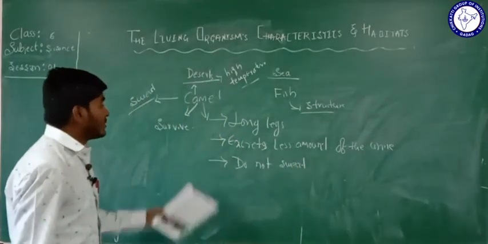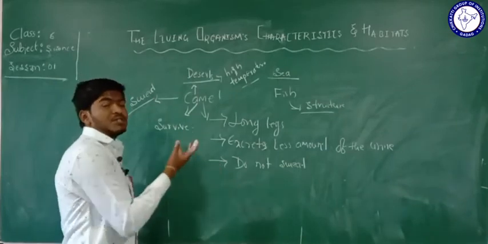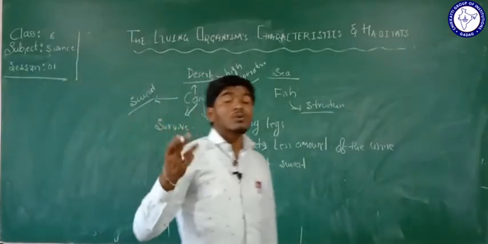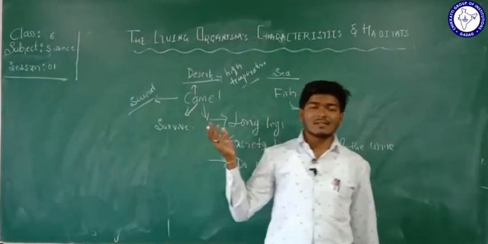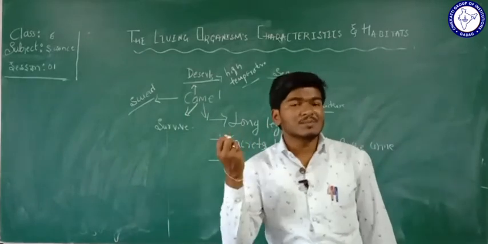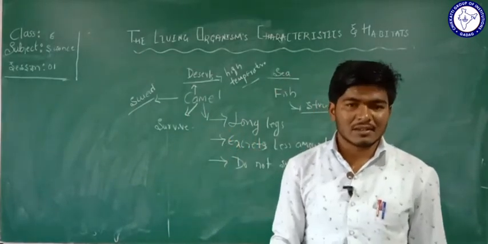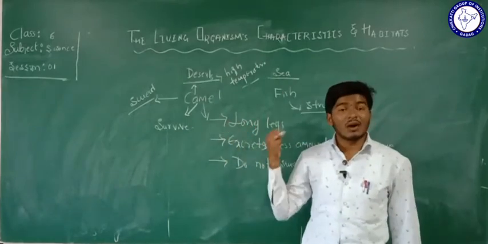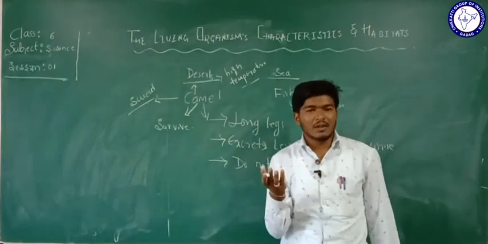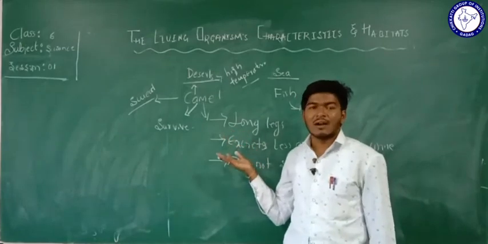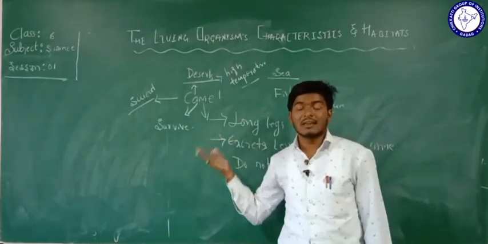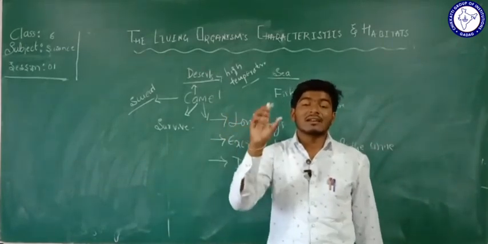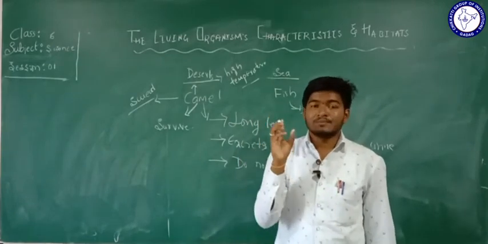So these main properties are helpful for the camel to live in the desert. Why? Because the water percentage present in the desert is very less. If it lost water very quickly, it would need water very quickly and in large amounts. So it doesn't lose water quickly, therefore it needs water in a very small amount.